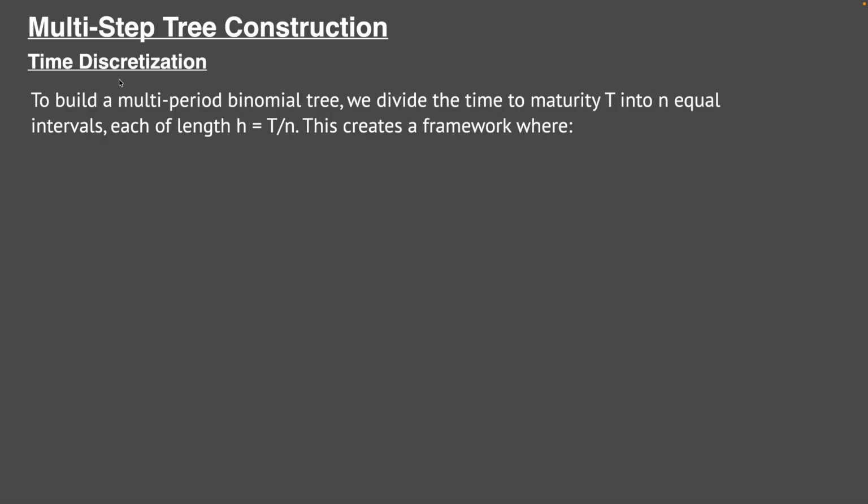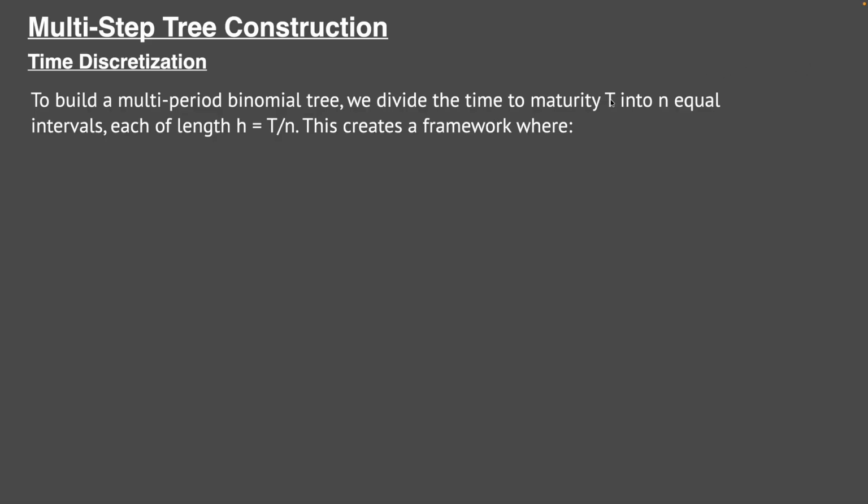Now, in order to build a multi-step tree, we need time discretization. That means small time steps. So how do we get the small time step? Suppose the option has a maturity of capital T. The capital T can be 3 months, 6 months, 1 year, whatever.